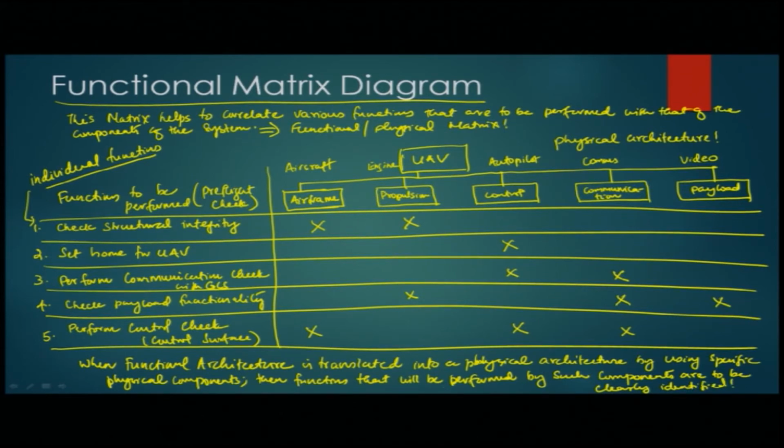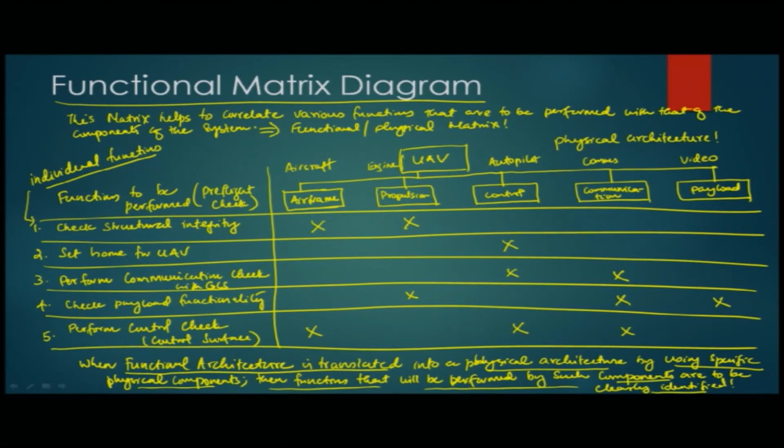So when we translate the functional architecture into a physical architecture where we use specific physical components, then these functions will be performed. We have to decide which of these functions will be performed by such components, and then they are to be clearly identified accordingly.